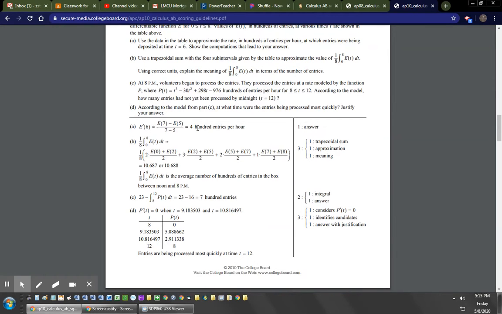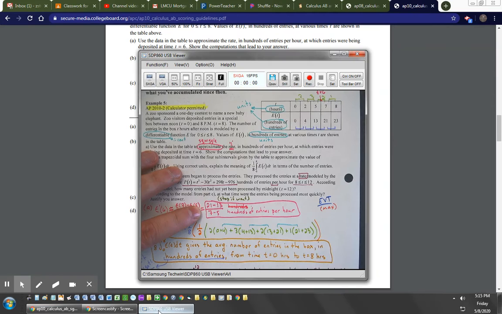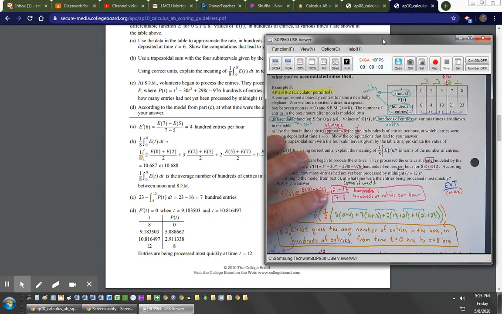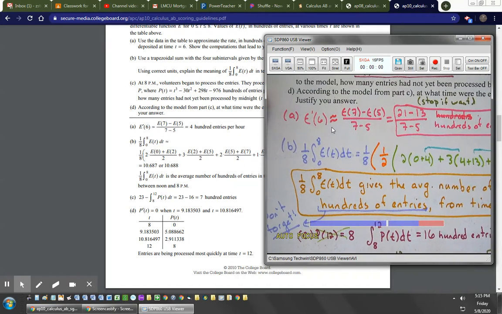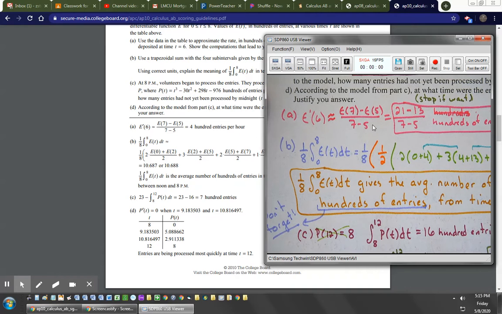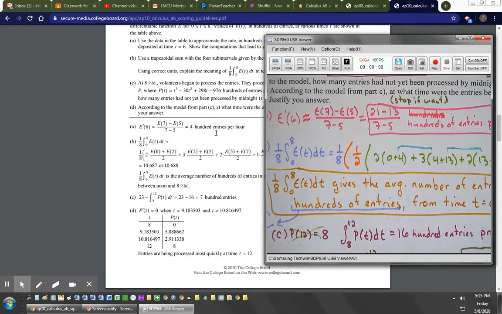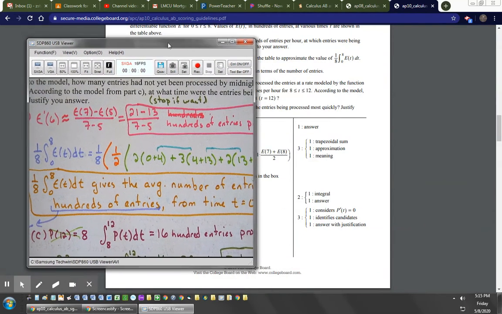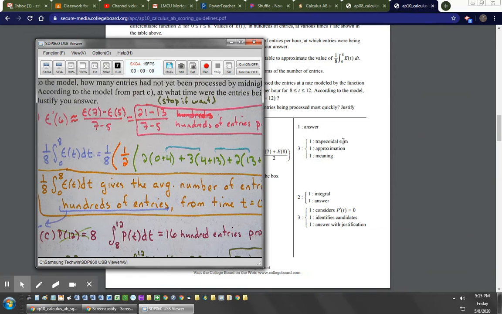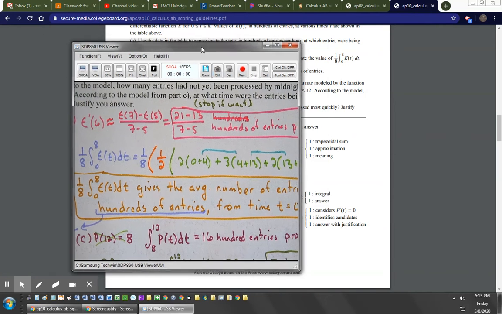Trapezoids, or sorry, all we needed was the answer. Oh man, they didn't even write in the numbers. We at least put the 21 and the 13 in there. They stopped right after that and they were done. Notice the squiggles though, they got the squiggles there and they have the units, hundreds of entries per hour. Trapezoid sum, 1 point for the trapezoid sum, 1 for the approximation, and 1 for the meaning.